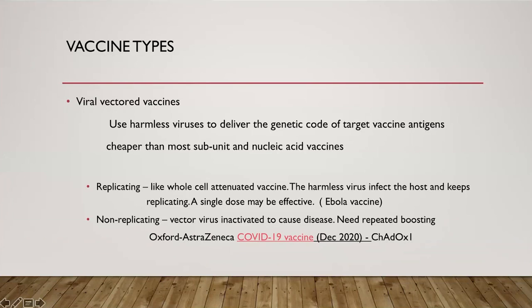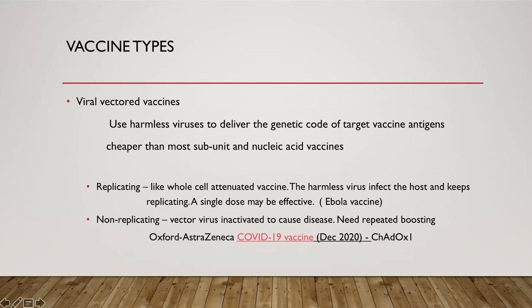And then there are non-replicating viral vectored vaccines, where the virus is inactivated and then introduced to the body. So the harmless virus which delivers the genetic code is inactivated. Because it is inactivated, it will not cause long-lasting immunity. It will need repeated boosting. And the Oxford AstraZeneca COVID-19 vaccine, which most of us received in the past, was produced in December 2020 using this technology.